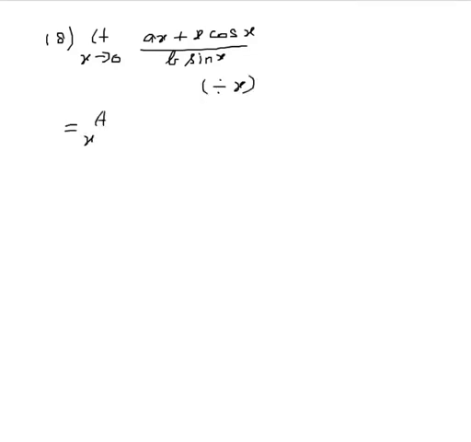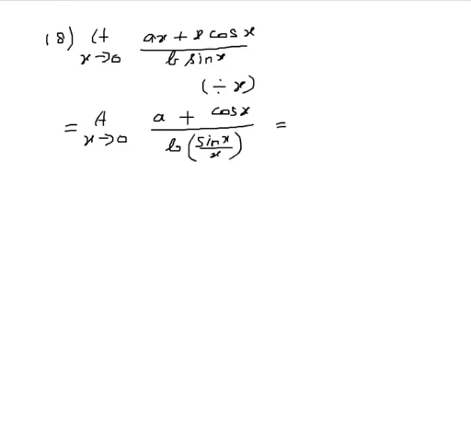Question 18. Limit x tending to 0 of ax plus x cos x divided by b sin x. Let us divide each and every term by x. Limit x tending to 0 of ax divided by x will become a, x cos x divided by x will be cos x, and in the denominator we will have sin x divided by x.